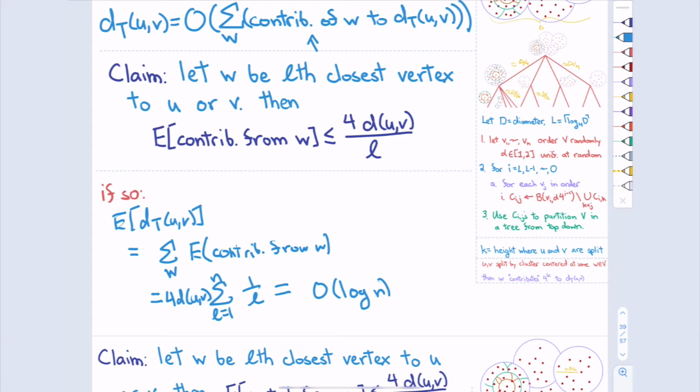So we get log n times d(U,V). Okay? Good. So that's why this claim will give us the overall result.